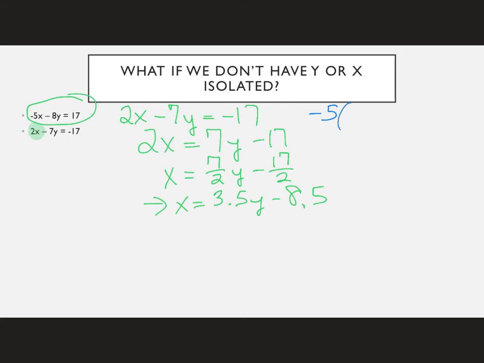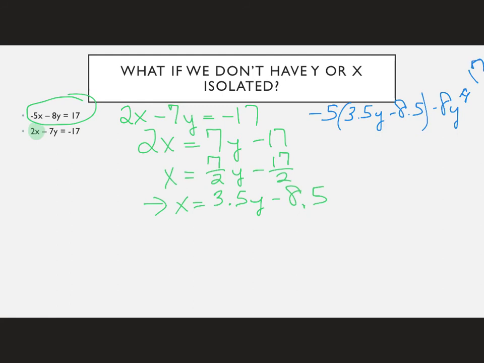We'll use the decimals. I think you guys like this a little bit. 3.5y minus 8.5 minus 8y equals 17.